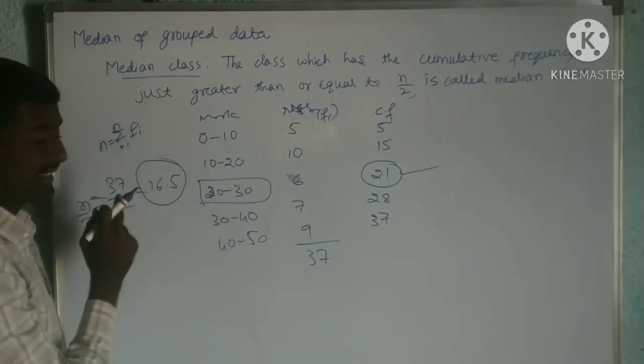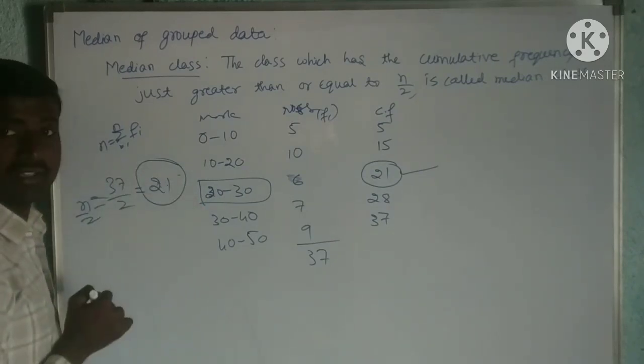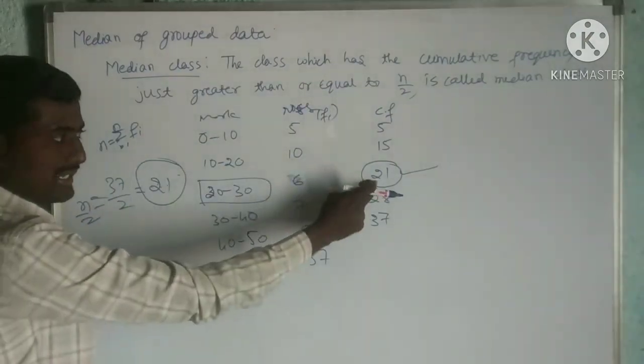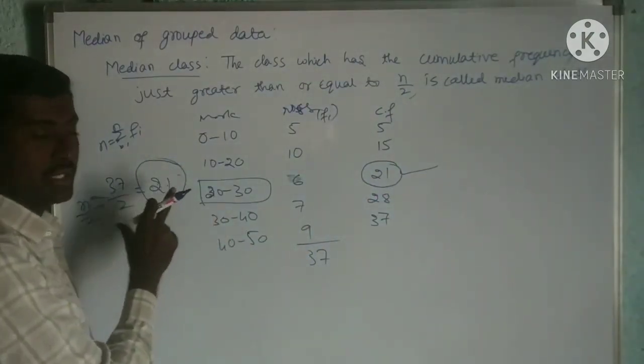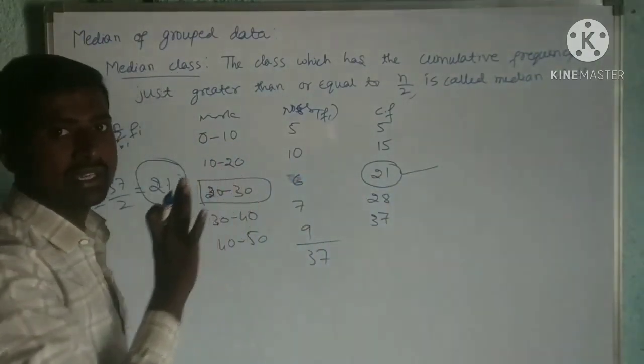Suppose n by 2 were 21, then equal to n by 2 also counts. 21 corresponds to the class 20 to 30, which is the median class.